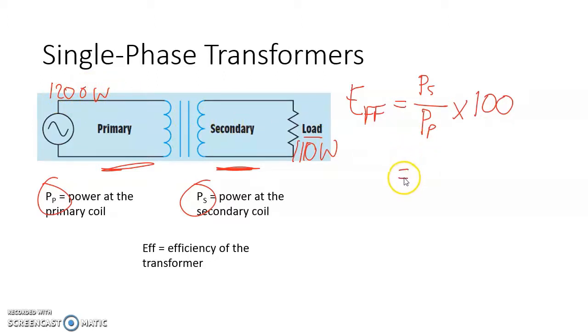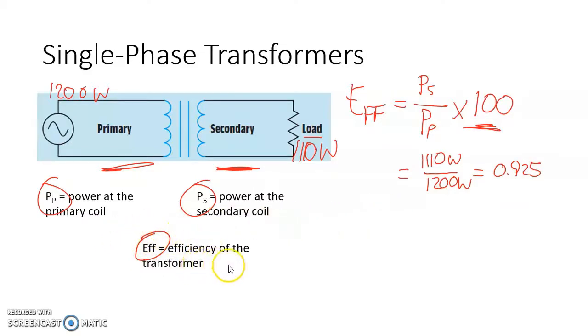So plugging that into this formula here, we have 1,110 watts at the secondary. We have 1,200 watts at the primary. And I'm just going to ignore this times 100 just for a second. And that gives us 0.925.